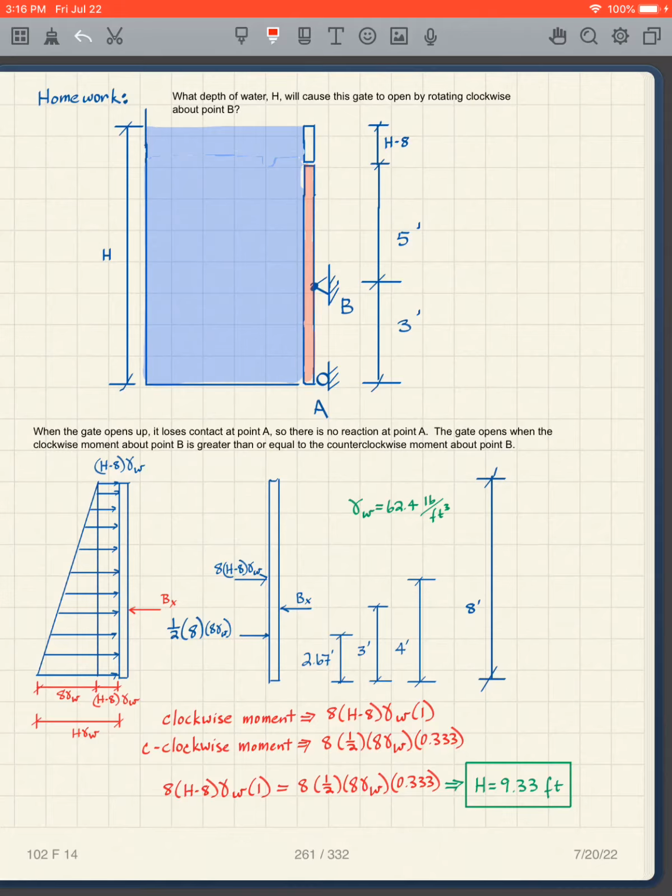We know that this pressure is H minus 8 times gamma W, and this distance here is 8.